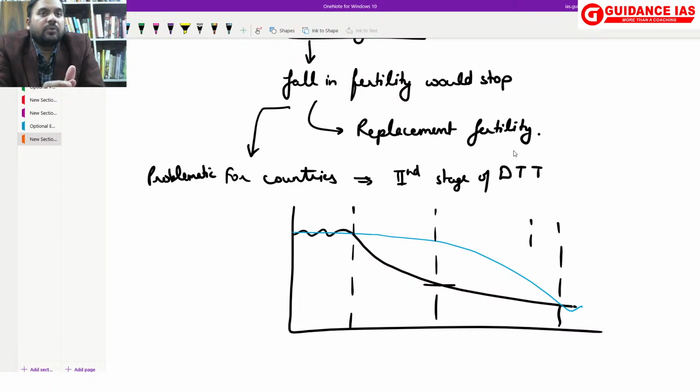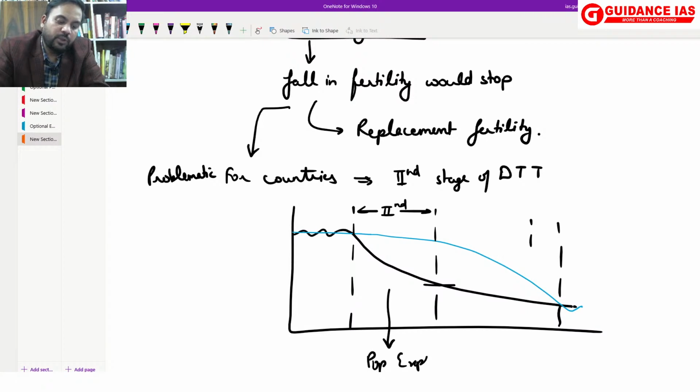It is leading to high level of mortality, and you very well understand that if mortality doesn't fall to a sufficiently low level, fertility will remain high. And if fertility remains high, can I say that the country would remain in the second stage of demographic transition for a very long period of time? And this second stage of demographic transition is what? It is the stage of population explosion.